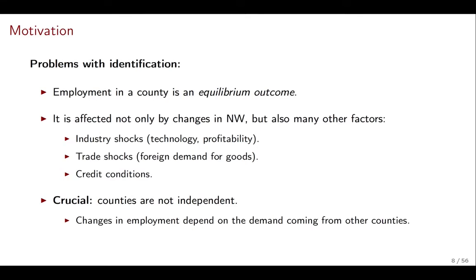And it is not because of net worth that employment is going down, but because certain industries are more open, more affected by the shock that's originating the recession. There might also be trade shocks, perhaps foreign demand for the goods they sell, or differences in credit conditions. So part of what we're going to do as we go through the paper is figuring out how we can exploit the variation in the data to overcome these identification issues and isolate the effect of net worth.